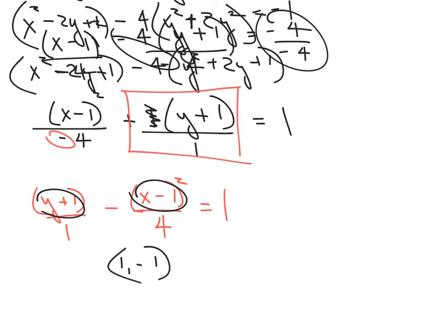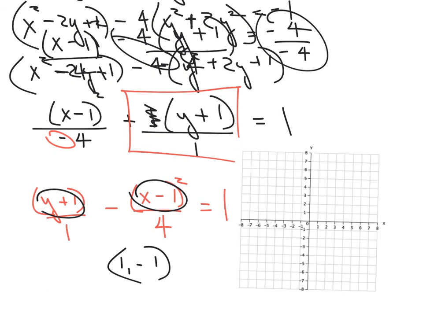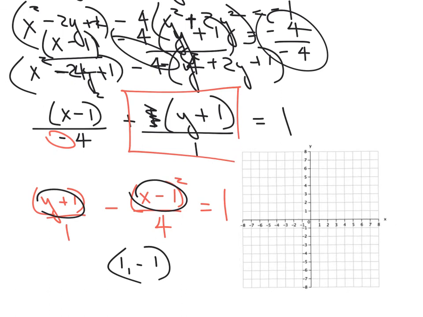All right, let me throw my graph on here again real quick. And my center then is at 1, -1. And my y value is square root of 1, which is 1. So I'm going to have a point here and a point here.